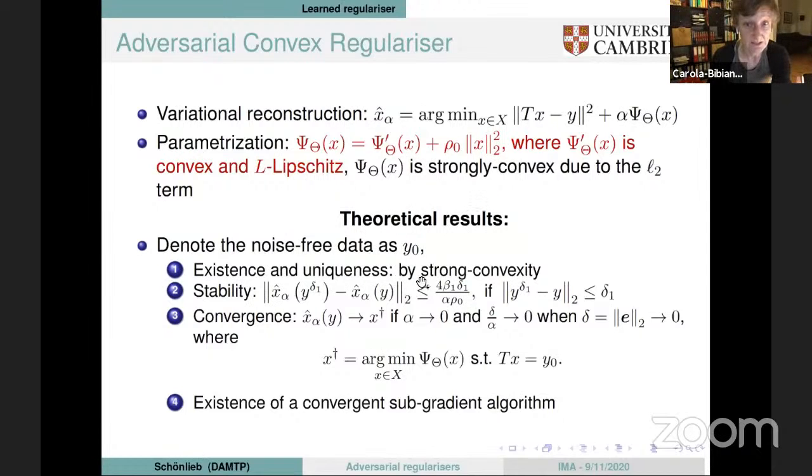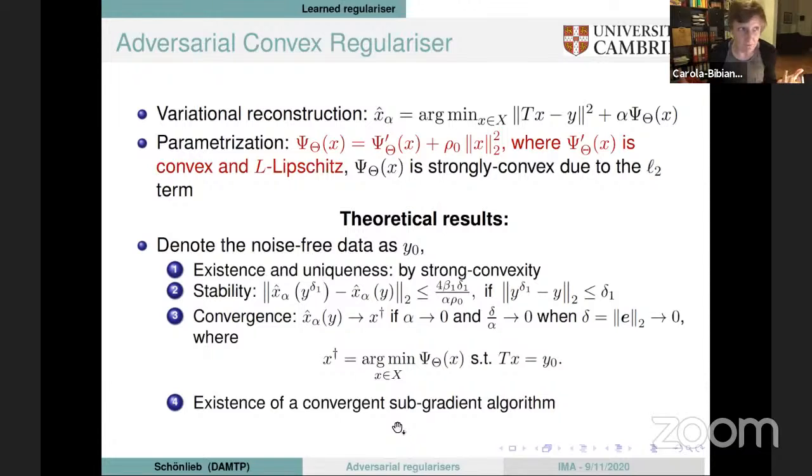If we use a regularizer like this, we get stability now also in norm. We get convergence in the sense that if I look at a sequence of regularized solutions and let the regularization parameter go to 0 and the noise go to 0 with a particular rate, then I converge to the ground truth solution.